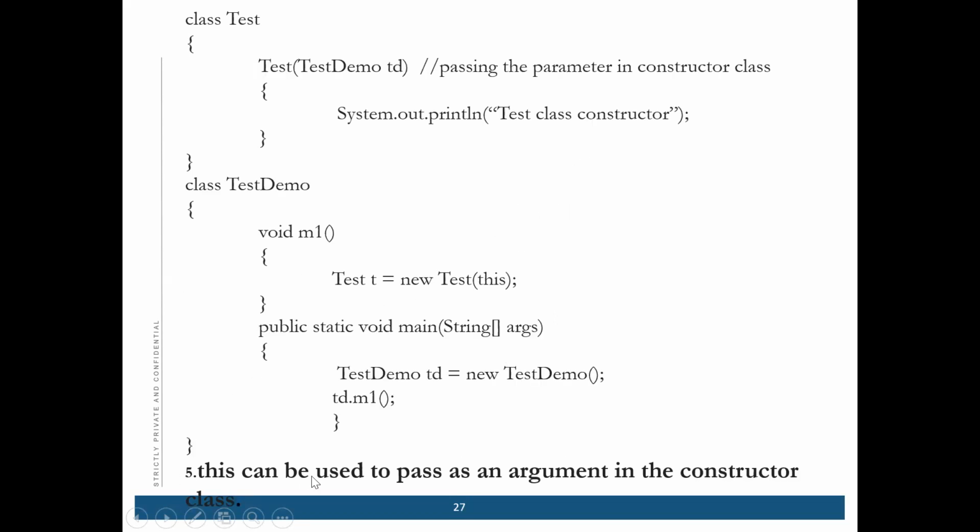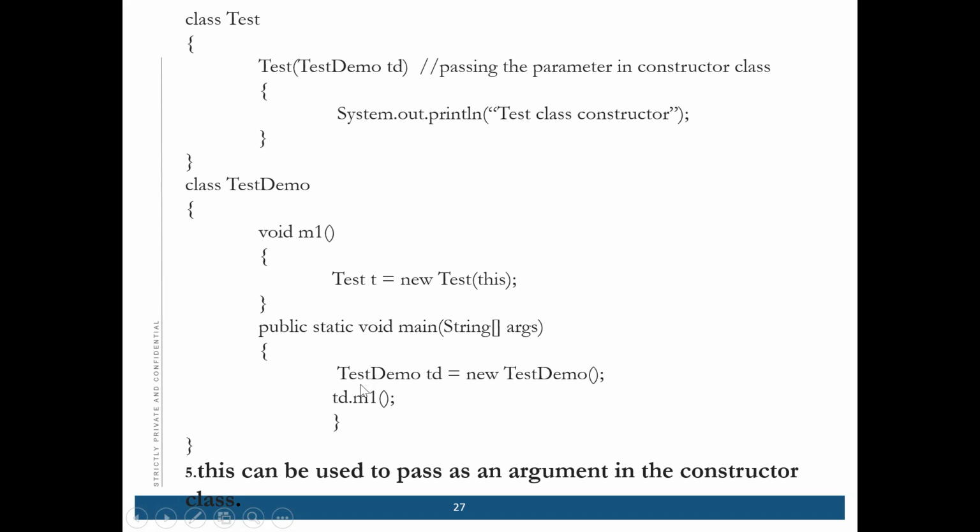Okay, so now the fifth use is that this can be used to pass an argument in the constructor class. There are two classes available, test and test demo. In the test demo, we are passing a test demo TD, like that. And in the test demo, we have a main method in which there is one more method M1.